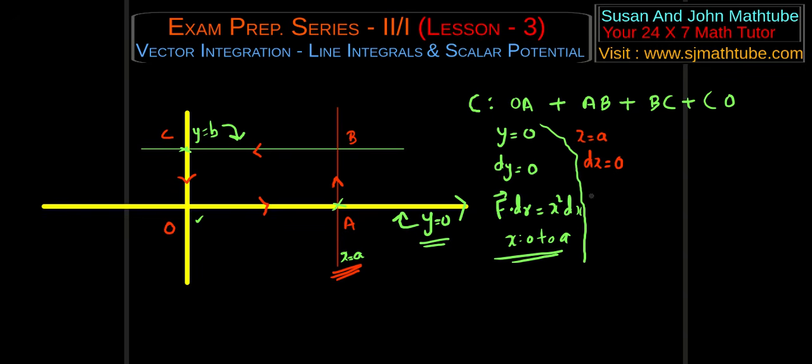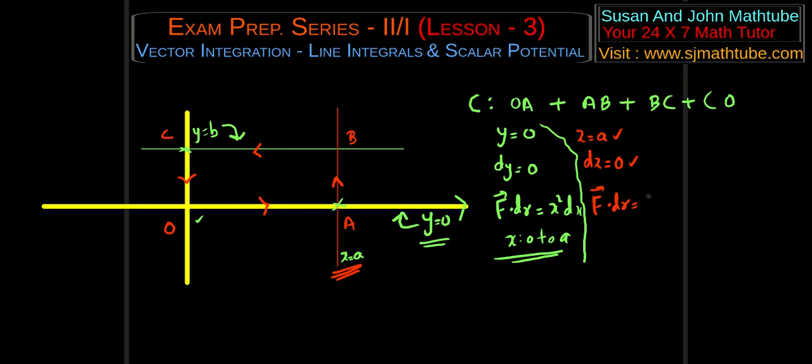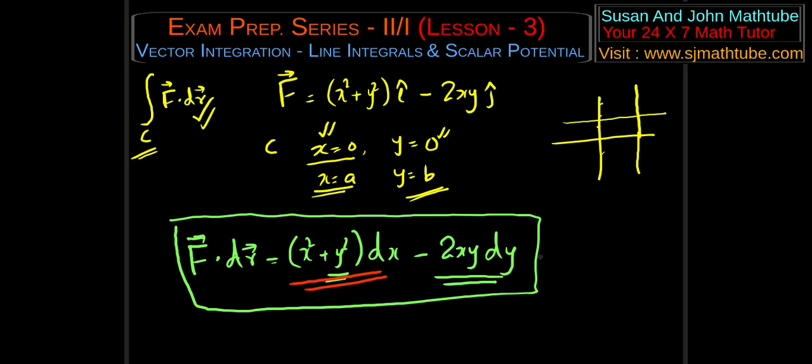That implies in F dot dr, with x equal to a and dx equal to 0, the first part will vanish, and instead of x we write a. So we get minus 2ay dy. The first part vanishes because dx is 0 and x is nothing but a, so you get minus 2ay dy.